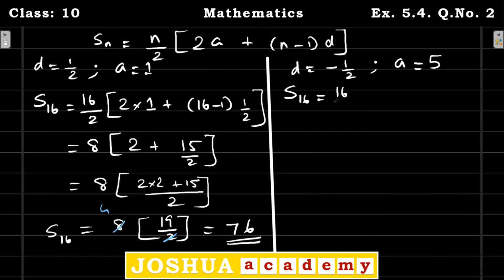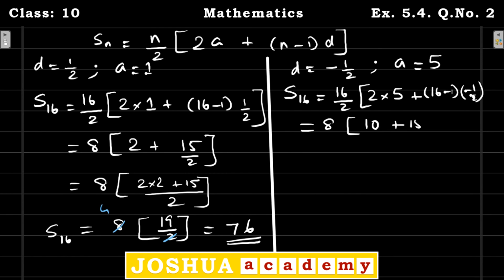S16 is equal to 16 upon 2 times 2 into 5 plus 16 minus 1, and d is equal to minus 1 by 2. So in this case 16 by 2 is 8, 2 5's are 10, and plus 15 times minus 1 by 2.